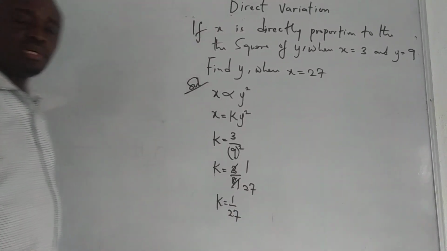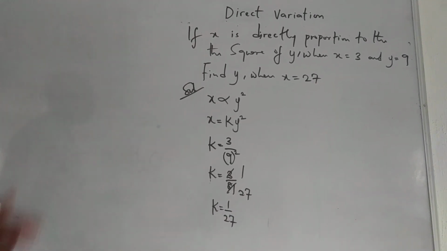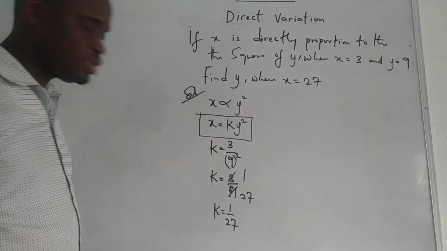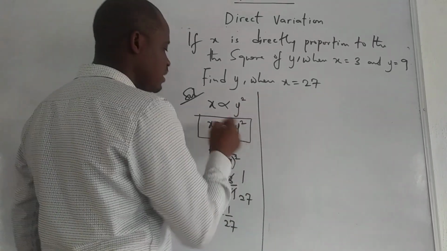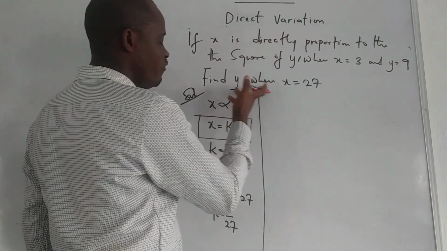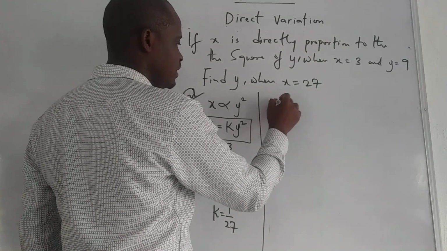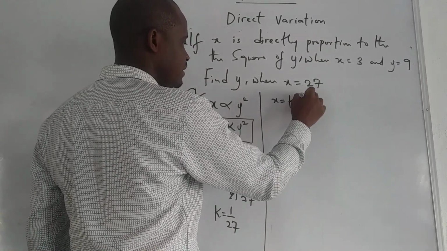You see this? Now the question is, how can we get y from the connecting relation or law of variation? Coming back to the second phase, find y when x is 27. X is 27, remember we are using x equals ky squared.